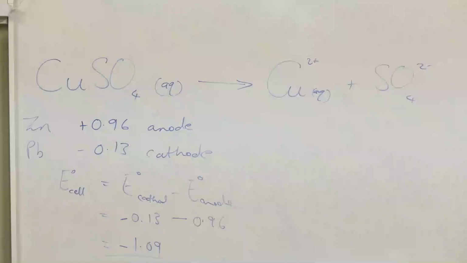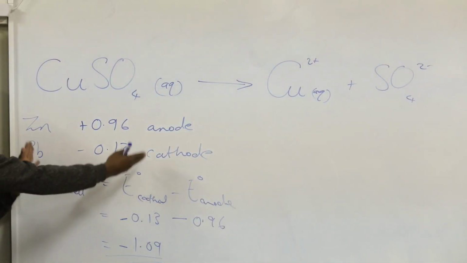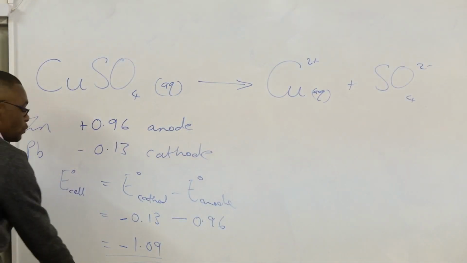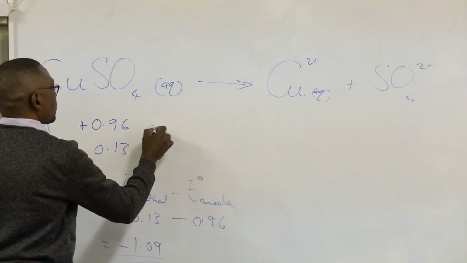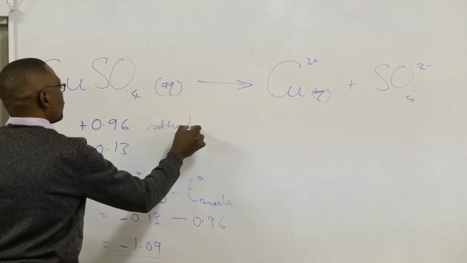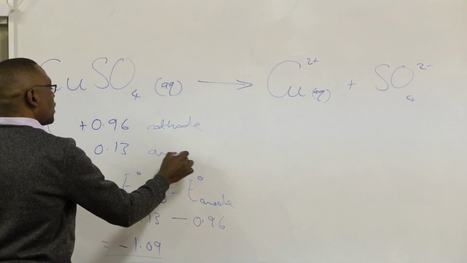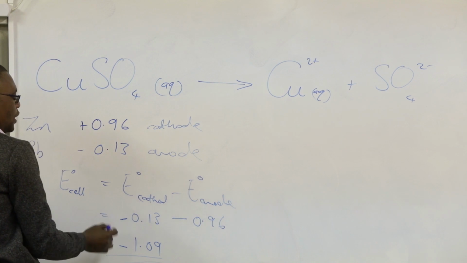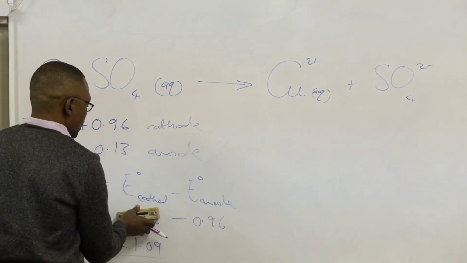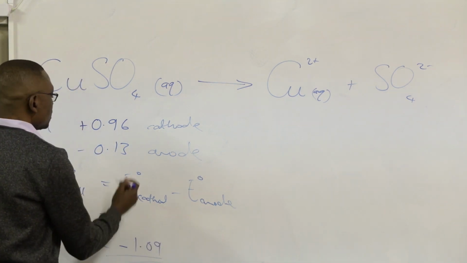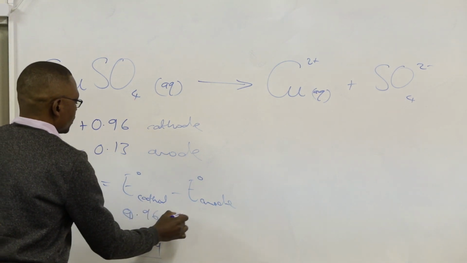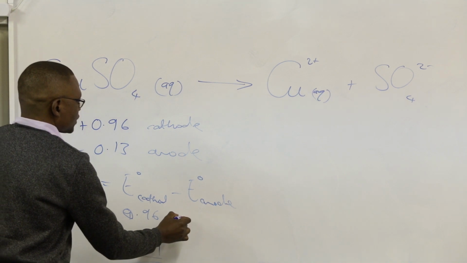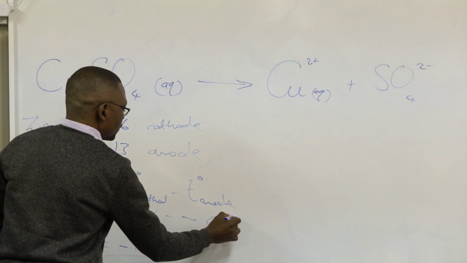So what it simply means is that you need to just swap this. This becomes your cathode, and this becomes your anode. And if you say cathode minus anode, it becomes 0.96 minus minus 0.13.